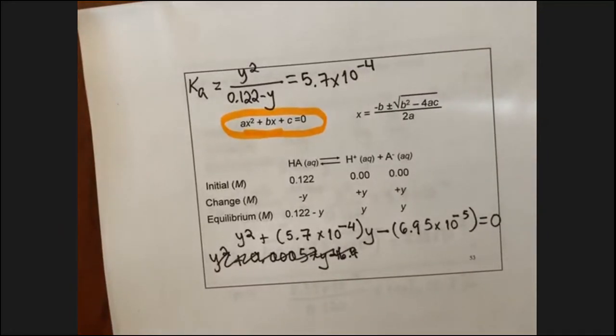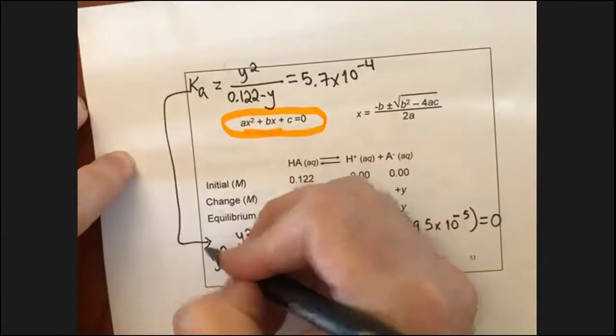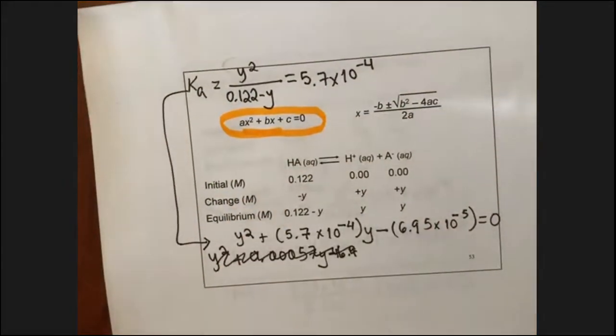That's the equation you're going to get when you rearrange all that expression that we had up here. Again, I'm skipping the whole math here. I'm hoping you guys can do that.